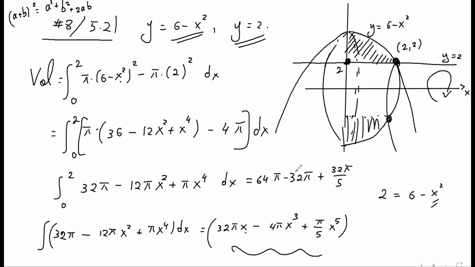So that's 64 minus 32, 32, plus 32 over 5. So it's 32 pi plus, now 32 over 5 is 6 and 2/5 pi. So if you calculate carefully, it's going to be 38 and 2/5 pi.